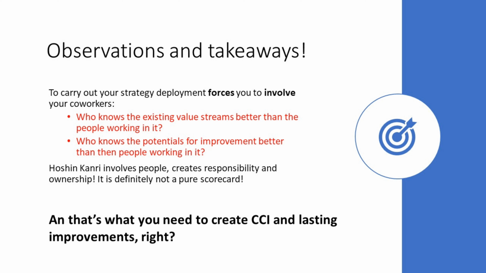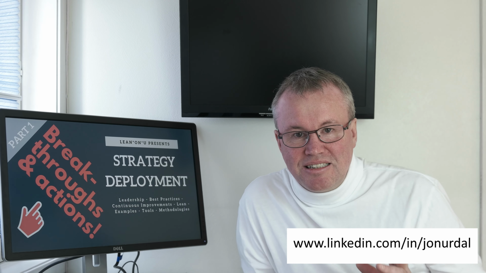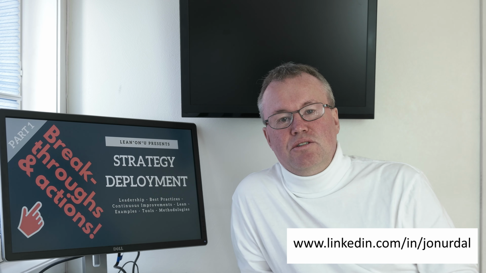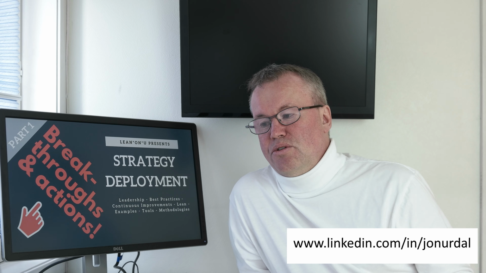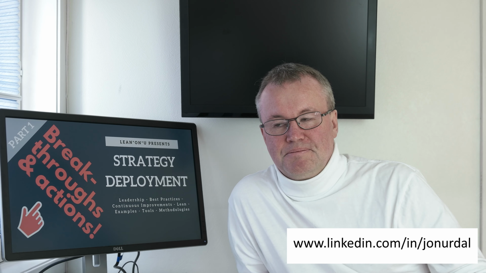So the takeaway here is that Hoshin-Kanri is a method for strategy deployment that involves people, creates responsibility and ownership at the same time. And that's exactly what you need to do in order to create a culture of continuous improvement, right?